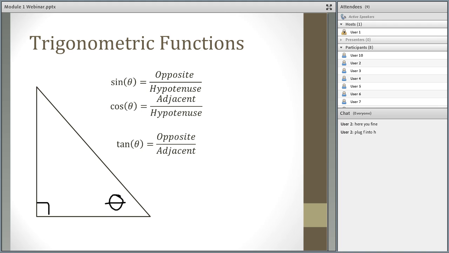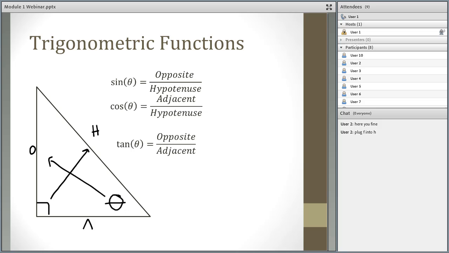When we're working with a right triangle, sine theta is the opposite over the hypotenuse. So opposite the angle, opposite from the angle. And hypotenuse on a right triangle is always the longest side, or the side that is opposite of the right angle.